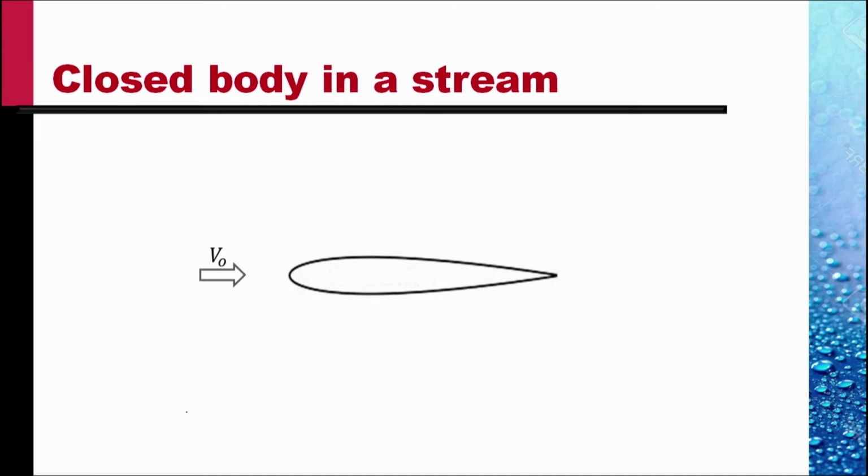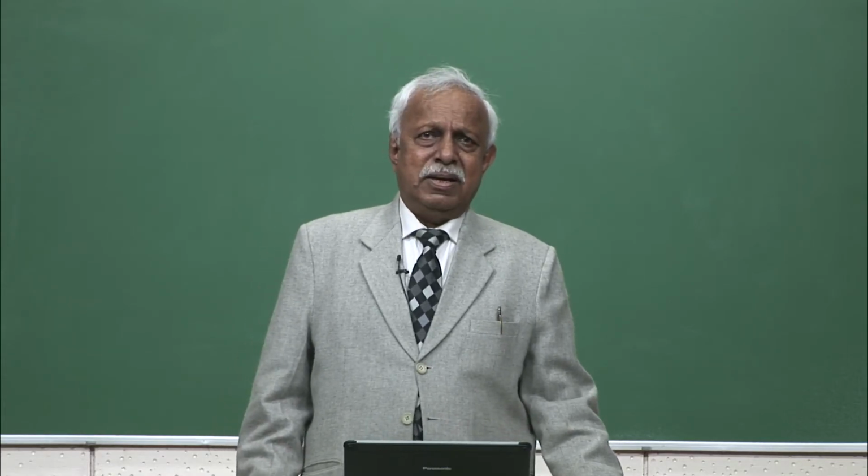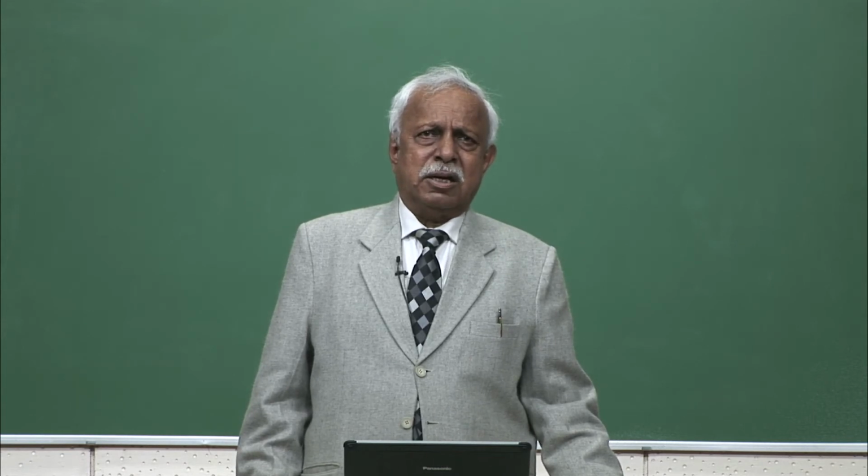You notice that in both the Rankine body and the circular cylinder, there was a source and a sink of equal strength enclosed within a closed streamline, an oval or a circle.